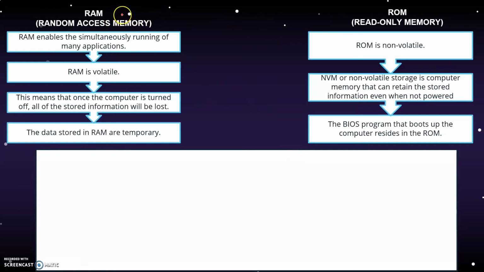As you can see here, this is the explanation about RAM and ROM, random access memory and read-only memory. Inside your computer, you have a motherboard and different components that make up your computer.